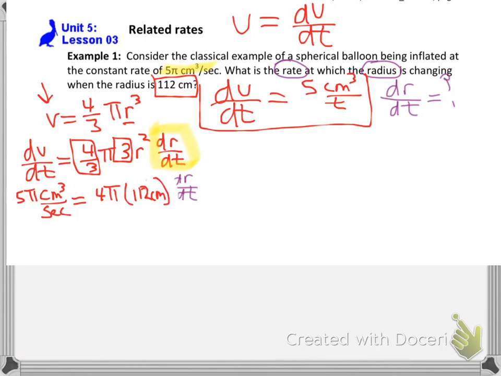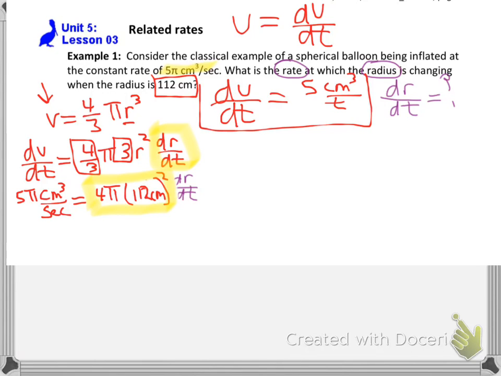This quantity was squared, and we're trying to find dr/dt. So look what happens. If we solve for dr/dt, we're going to have to divide this entire quantity over here. This quantity right here is going to be divided out.